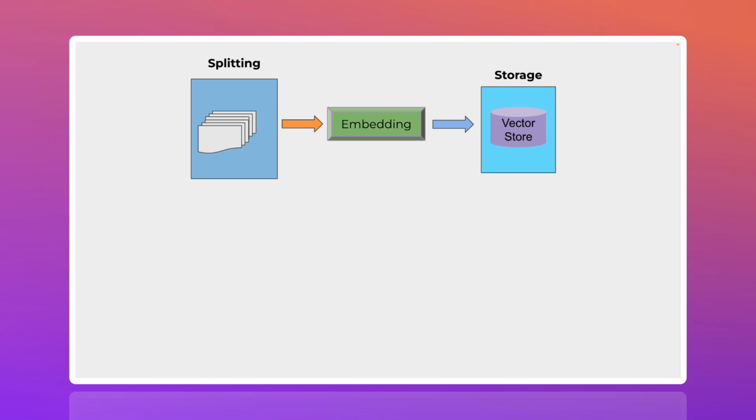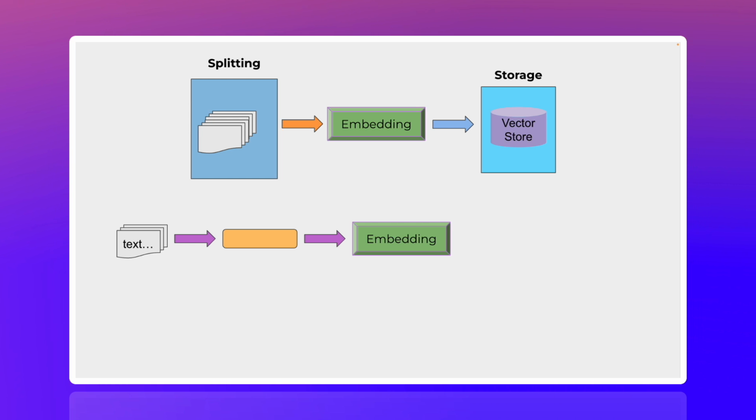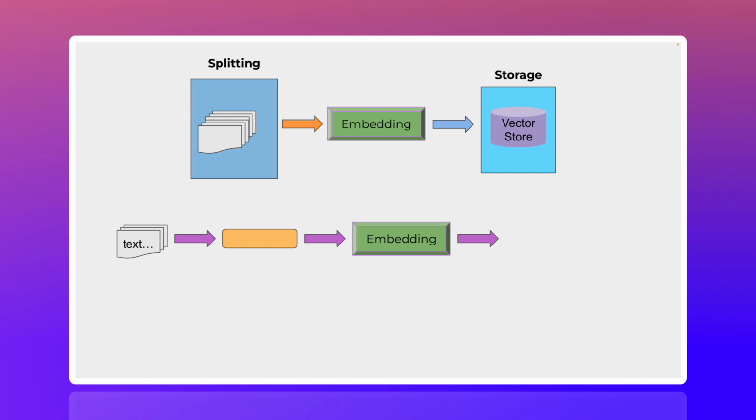So the splitting, what happens? We go through the process of splitting, and the split documents or chunks are then passed through the embedding model. The embedding model creates a vectorized, number-format representation of those texts or those pieces of information.